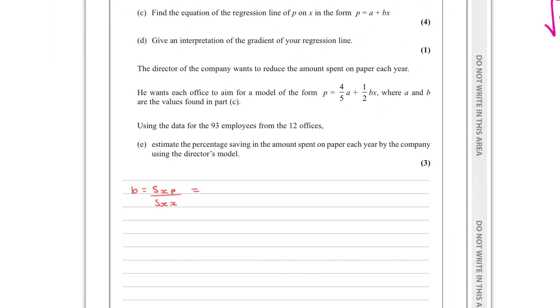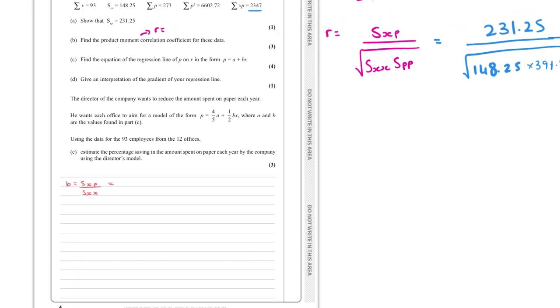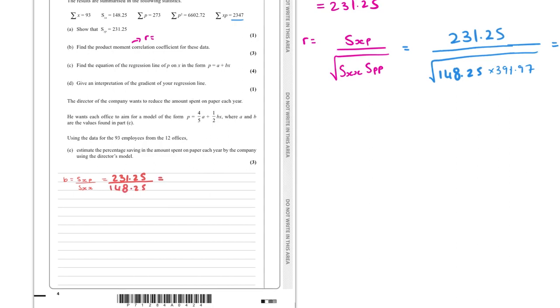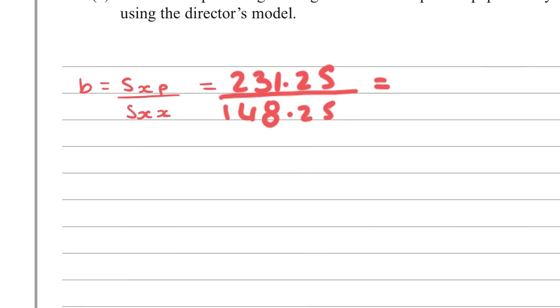We've literally worked this out somewhere. Sxp. So we're going to have 231.25 all over 148.25. So what do I get for b? 1.56 to 3 significant figures.